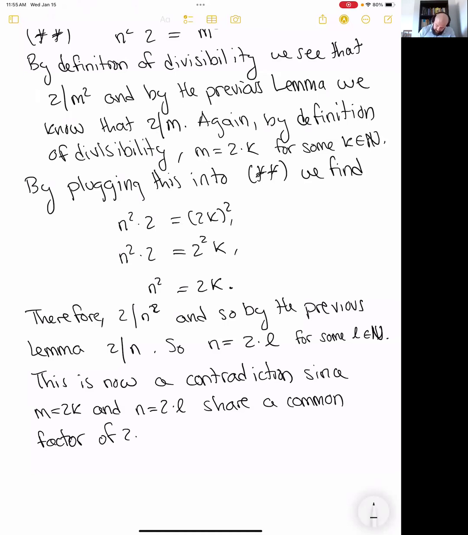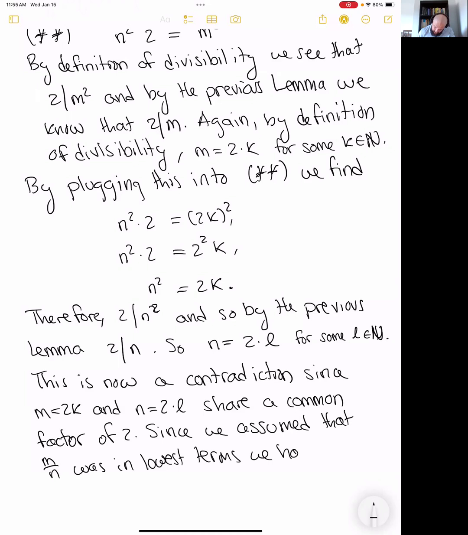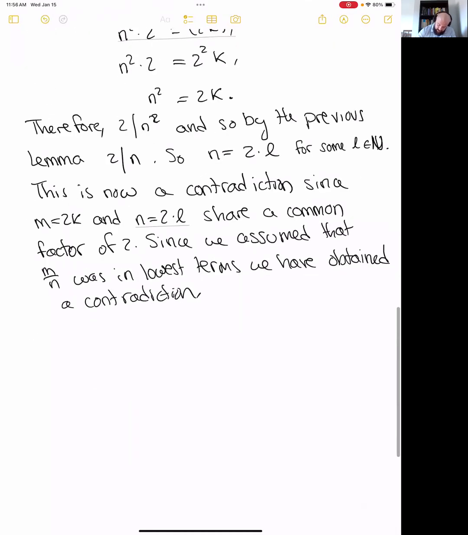So since we assumed that m over n was in lowest terms, we have obtained a contradiction. And so what's the conclusion? Hence, square root of 2 is irrational. And we're done with the proof.